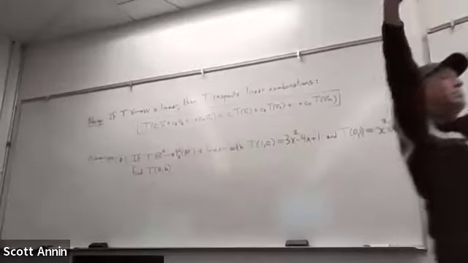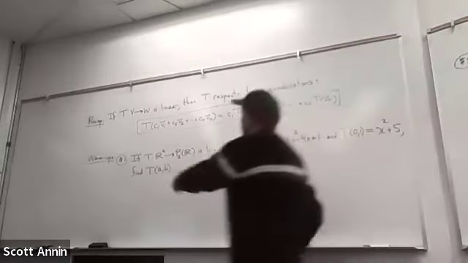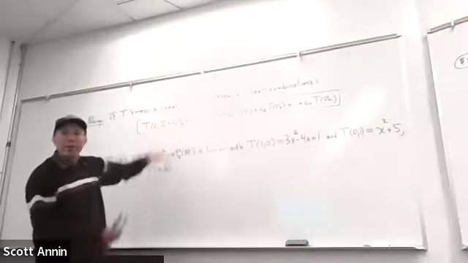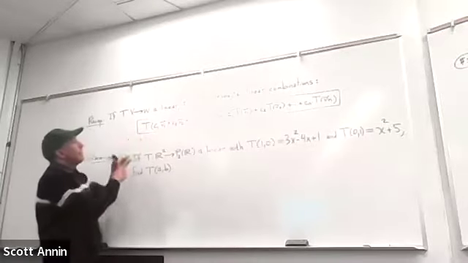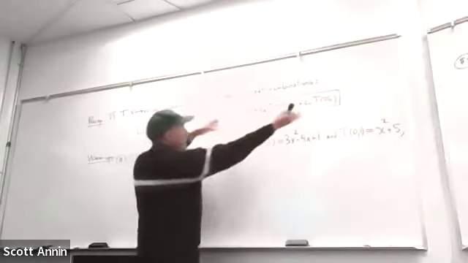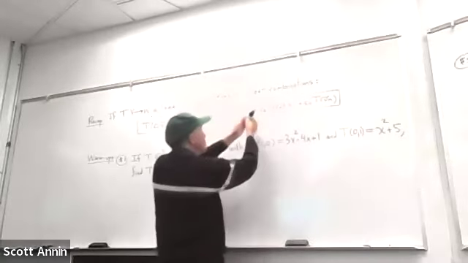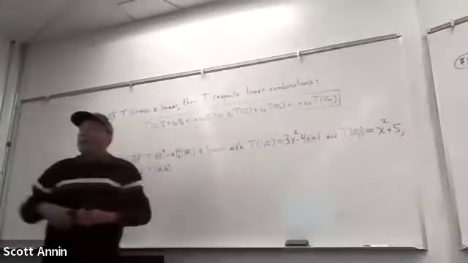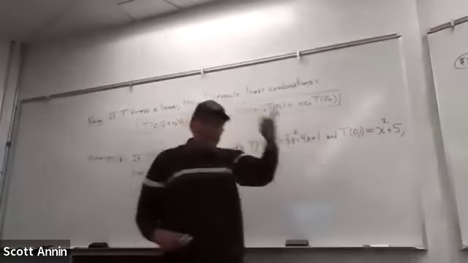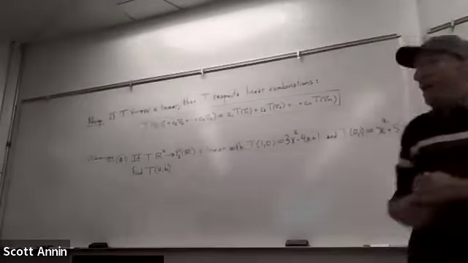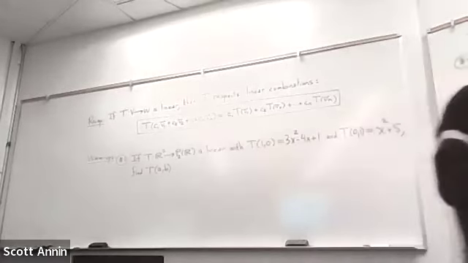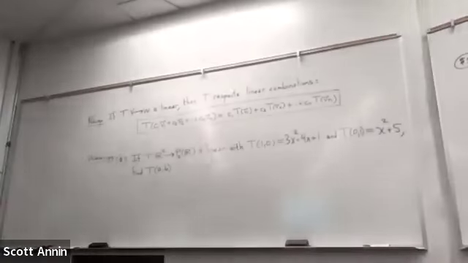So we could take C1 V1 plus C2 V2 plus C3 V3 and so on and transform that. When we say that T respects linear combinations, what I really mean is that you can pull the constants out, you can split apart the plus signs. This is really just because T already is supposed to respect addition and scalar multiplication, and linear combinations are just made up of doing addition and scalar multiplication anyway. So that's really not a big surprise.